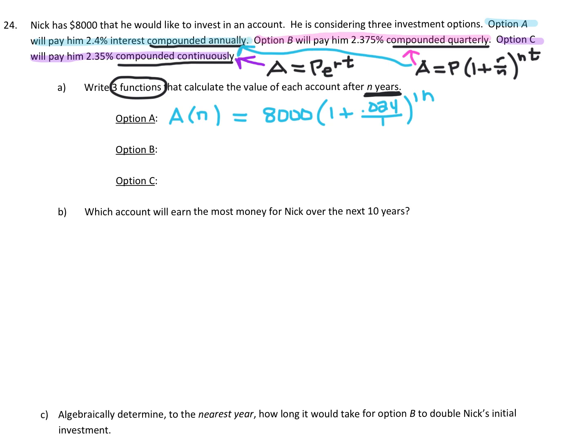Now, I just want to point something out. Whenever you compound annually, you're really just using the regular exponential growth formula, which is A equals P times 1 plus R to the T power. Because think about it, isn't 0.024 divided by 1 really just 0.024? So if I wanted to get rid of the 1 underneath there, I could have just left that as 0.024.